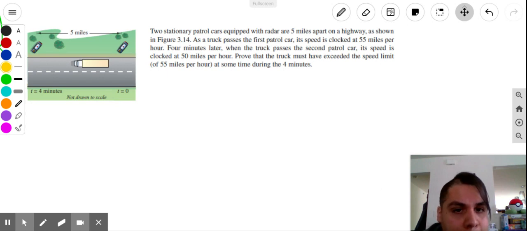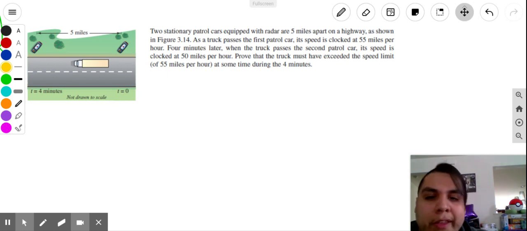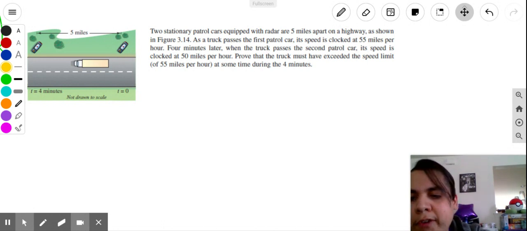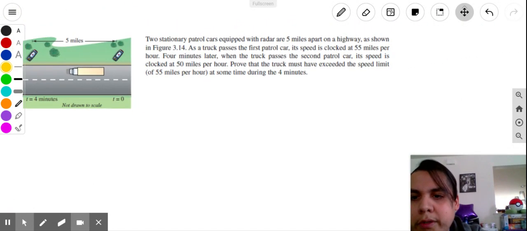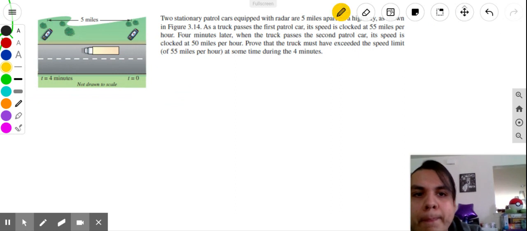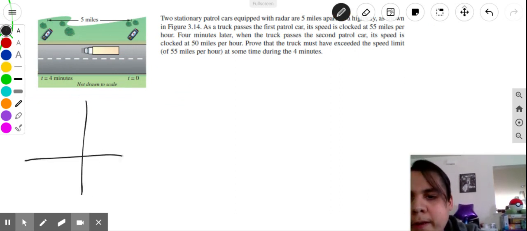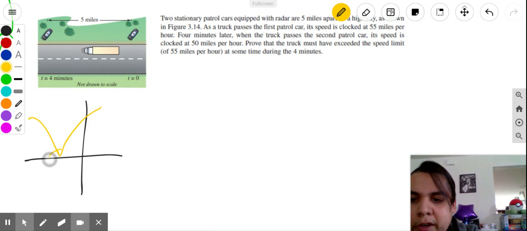Okay? And it's differentiable because you wouldn't really expect that behavior of the truck. If I had something like this, where I have some sort of cusp, notice how it's like a curve, but it reaches a sharp point.